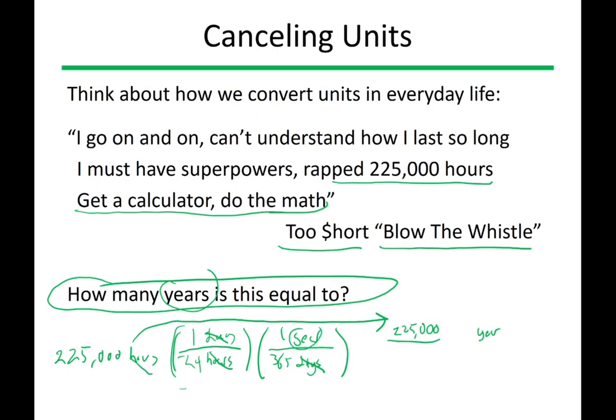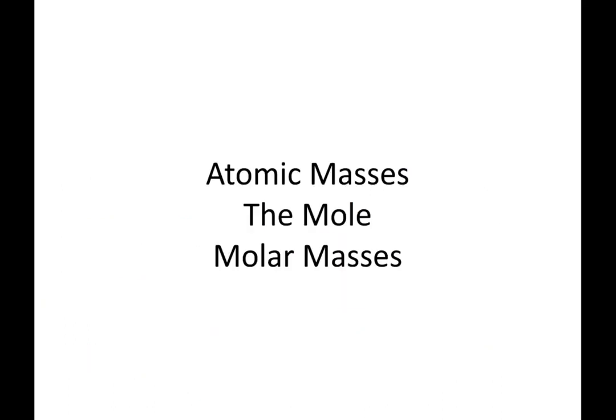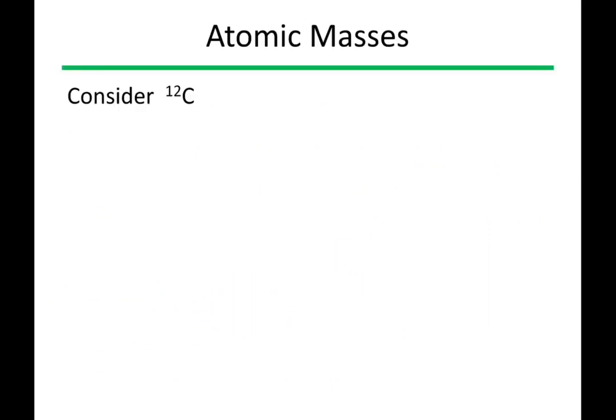Then multiply everything on the bottom and write that down, and in this case that's equal to 8760. Then just do one division on your calculator so that it doesn't mess up the order of operations. When we do this, we can see that Too Short was wrapping for something like 25.7 years. Next, we'll talk about atomic masses, the mole, and molar mass.